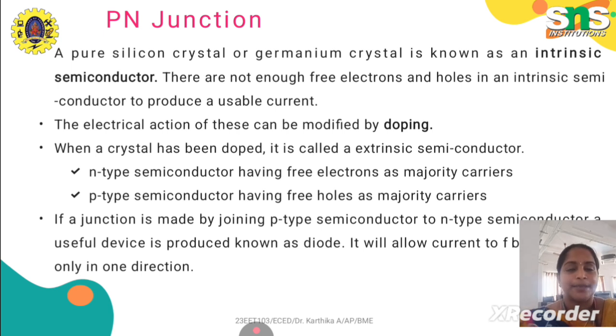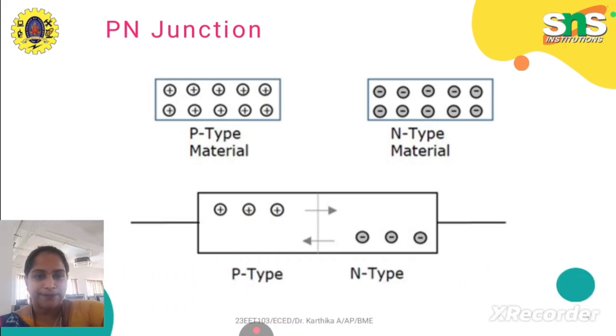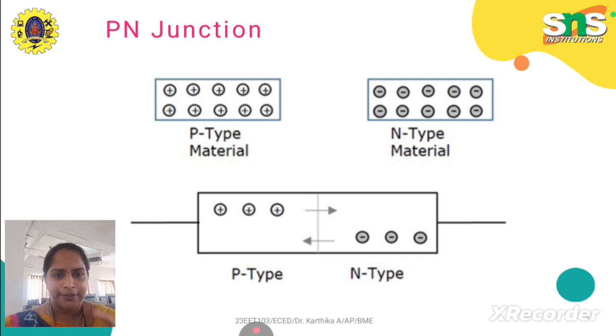An intrinsic semiconductor is modified into an extrinsic one with the help of doping. In this doping, we have N-type as well as P-type. See the diagram. In this PN junction, we have P-type material and N-type material. By joining both P and N-type, we get a PN junction.